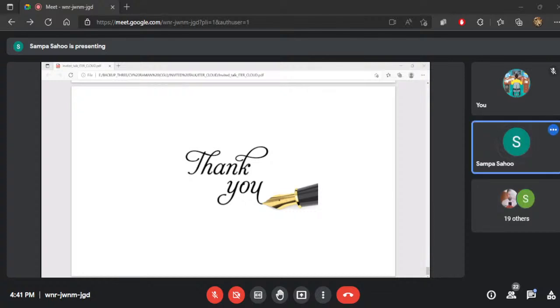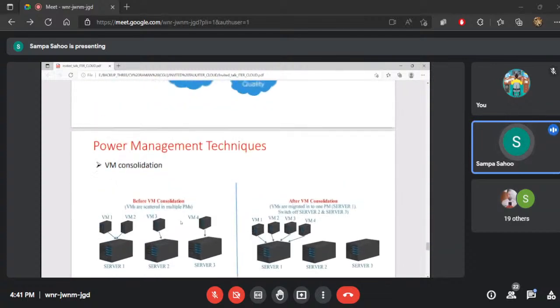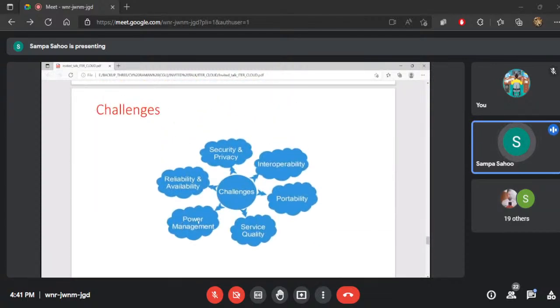Projects, if you consider the challenges of cloud computing, then you can consider a problem statement related to this challenge. Like what I have discussed about power management. You can take this as a problem: how to reduce the power consumption or energy consumption in the cloud system. So it can be a good project.